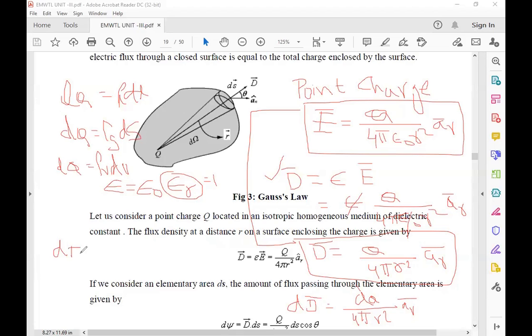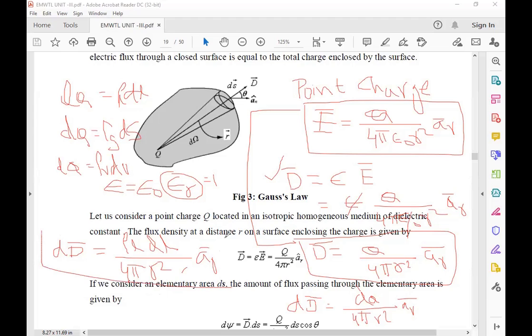So using this relation, when it is a line charge, what is d bar? The differential electric flux density d bar in the line charge: dq is replaced with rho l into dl, divided by 4 pi r square, into AR.